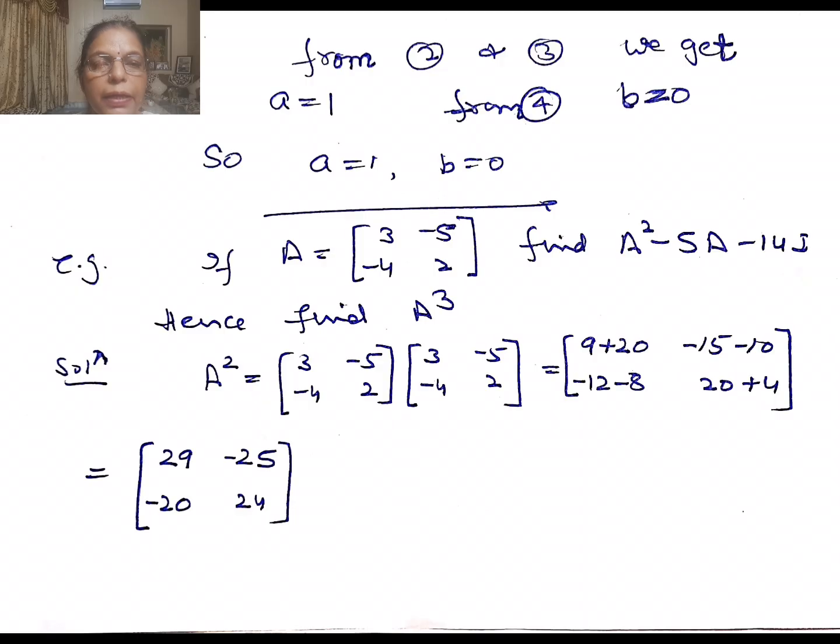Now multiply, we get 9 plus 20, minus 15 minus 10, second row minus 12 minus 8 and 20 plus 4. So the resulting matrix is equal to [29, -25; -20, 24].